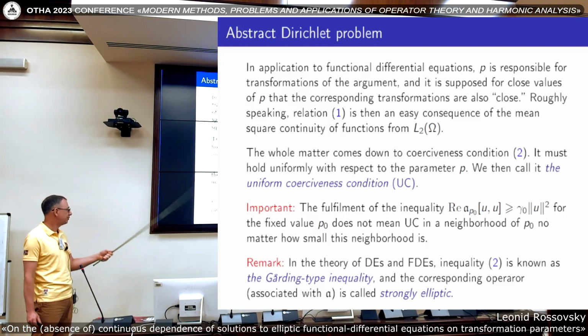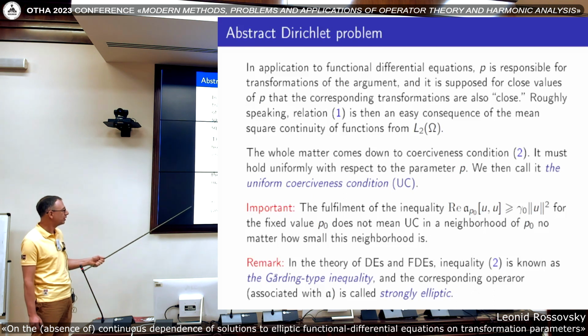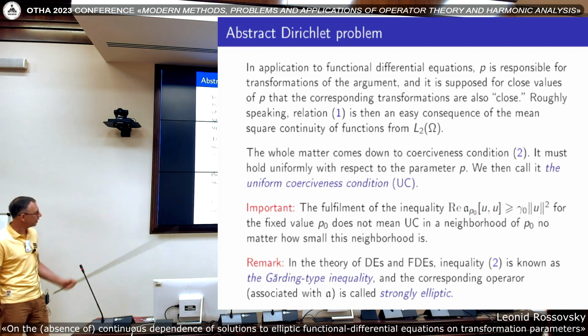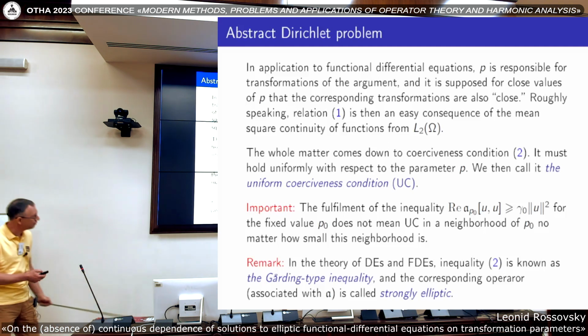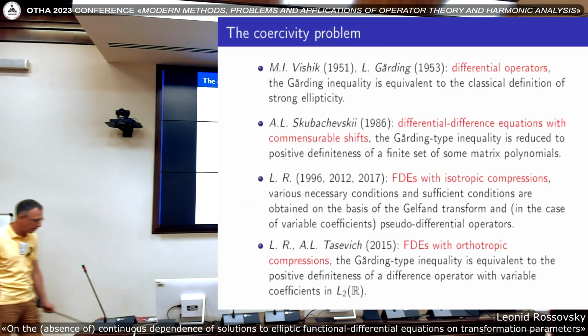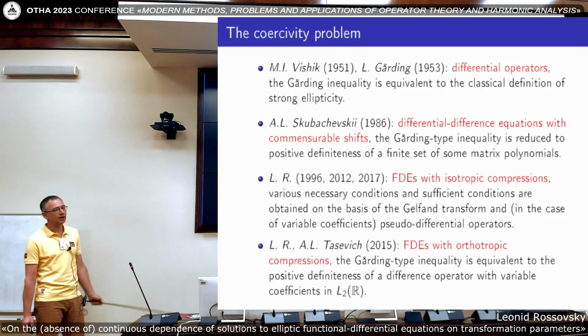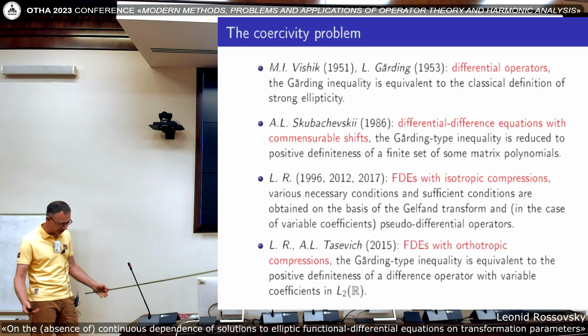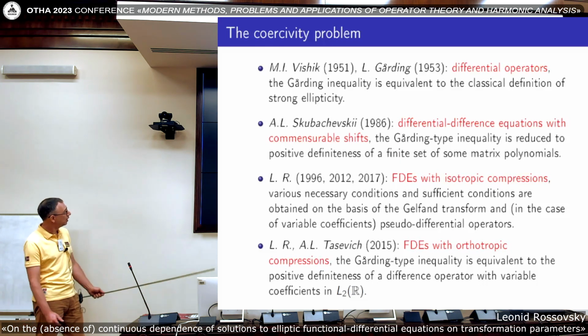In the theory of differential equations and functional differential equations, inequality 2 is known as the Gording type inequality, and the corresponding operator associated with the sesquilinear form is called strongly elliptic. And a few words about the coercivity problem, which is the problem of finding necessary and sufficient conditions for strong ellipticity in algebraic terms.